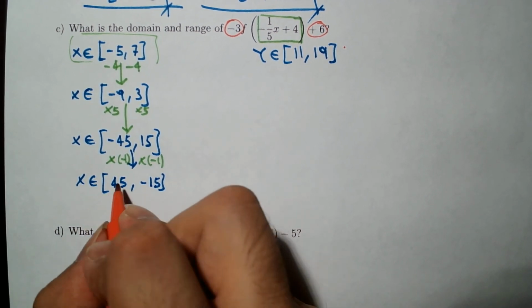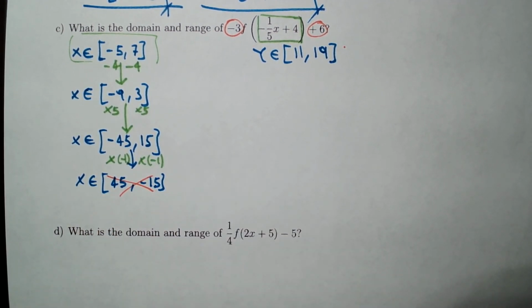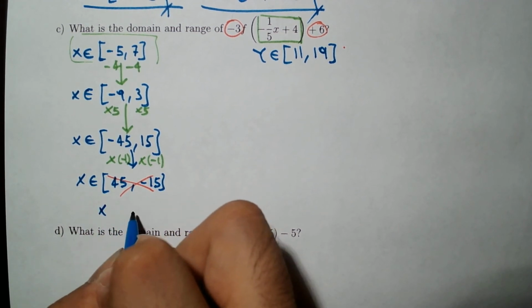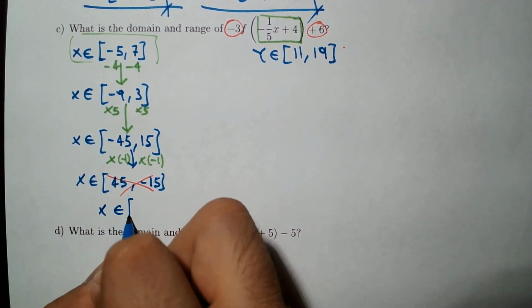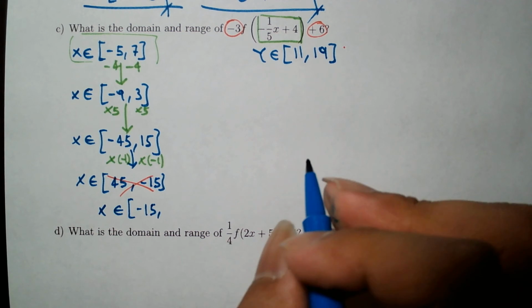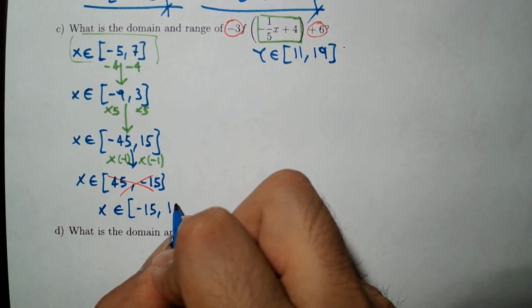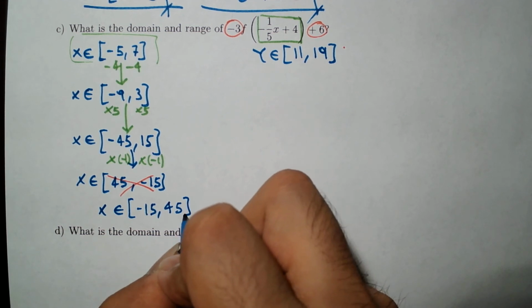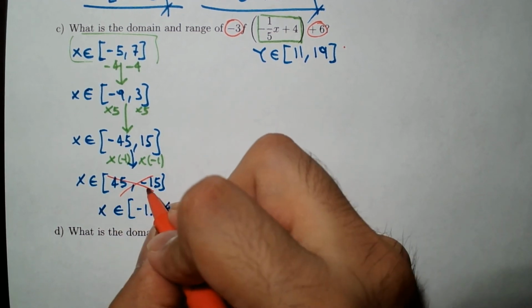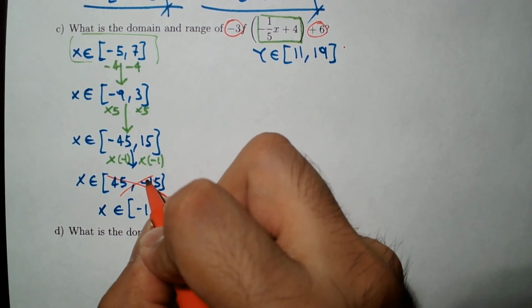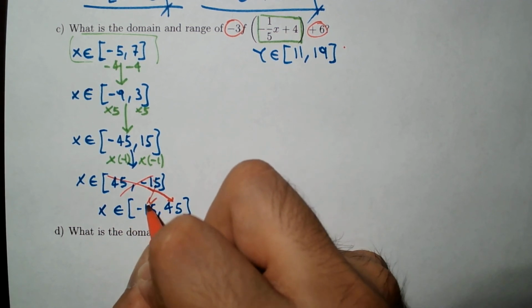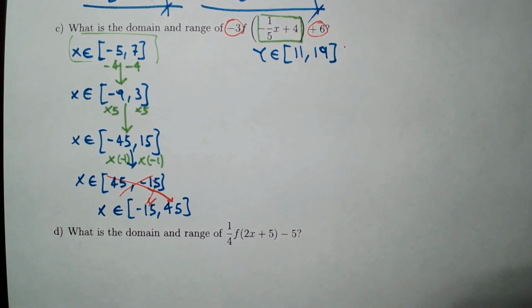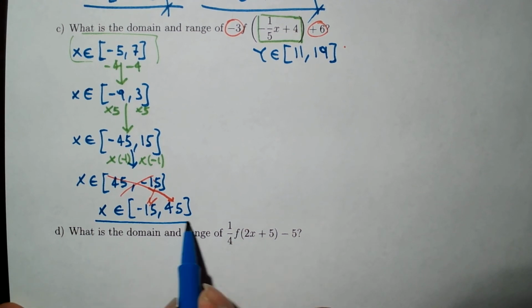We need -15, the lower, first, and then the upper. And that's the new domain.